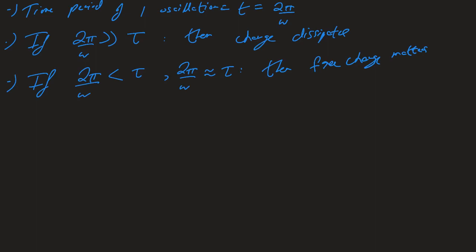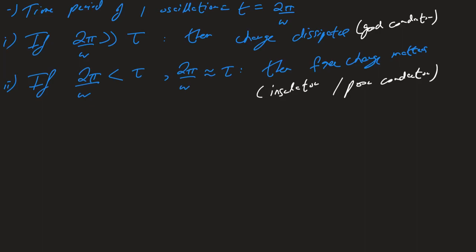And so if this is case 1 and this is case 2, the first case would be a very good conductor. This would be a good conductor. And the second case would be an insulator, a poor conductor.